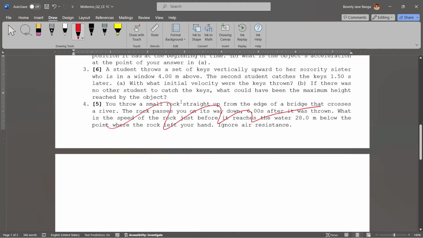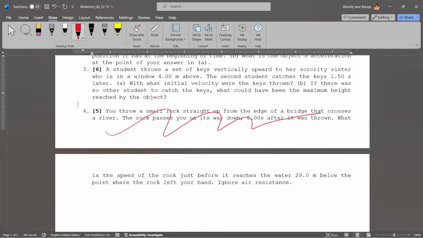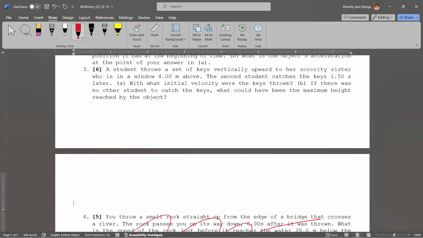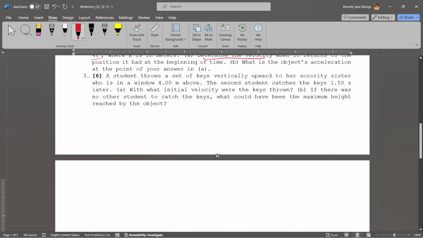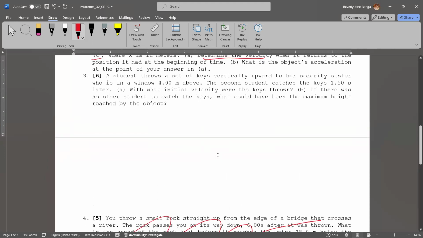Okay, let's go to number 3. So for number 3, sabi niya, a student throws a set of keys vertically upward to her sorority sister who is in a window 4 meters above. So y naught is 0. And then 4 meters above, andito si sorority sister.